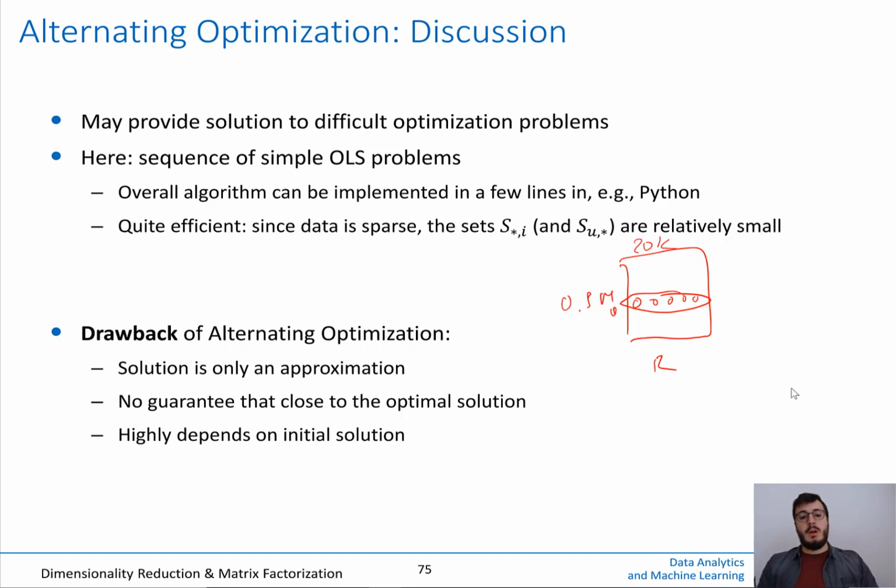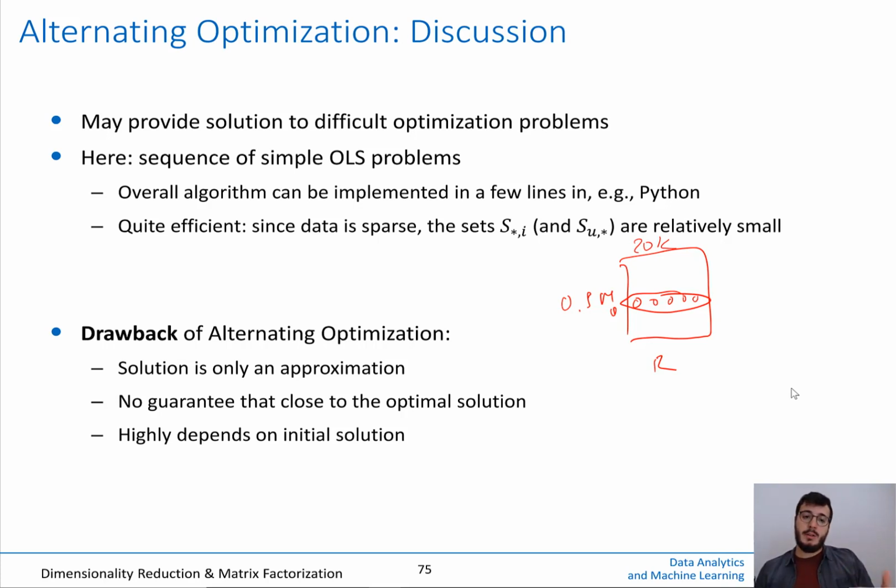Okay, so alternating optimization has some benefits, but it also has some drawbacks. The first thing is that it only gives us an approximate solution. So this step of decomposing, solving with respect to P only and with respect to Q only will not be guaranteed to find a global optimal solution. In general, it may get stuck in a local optimum.